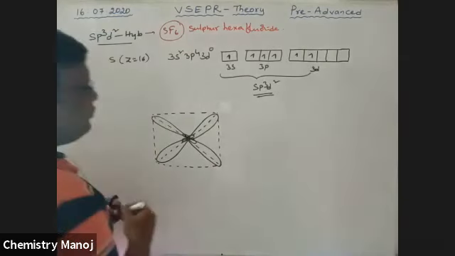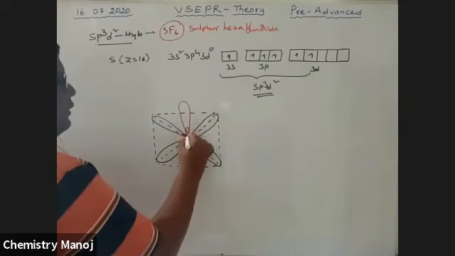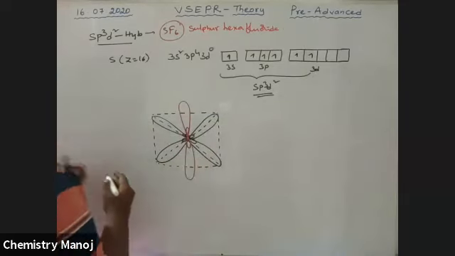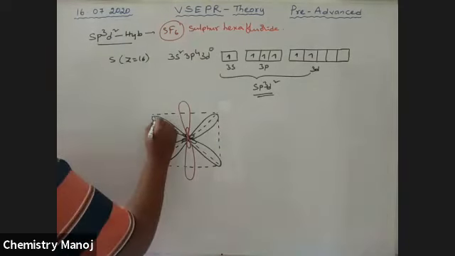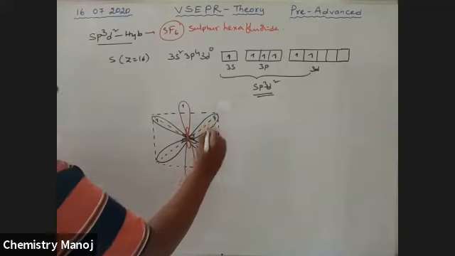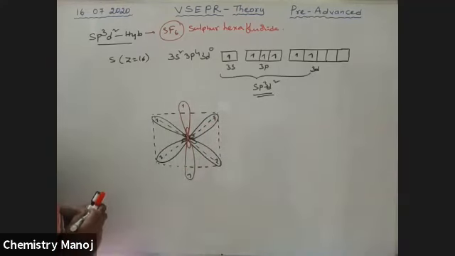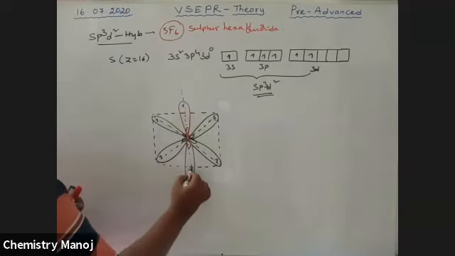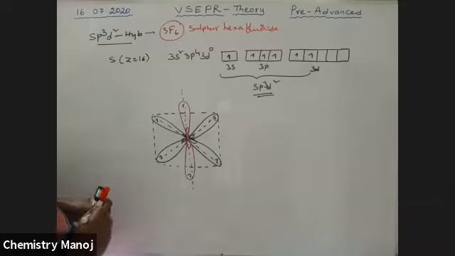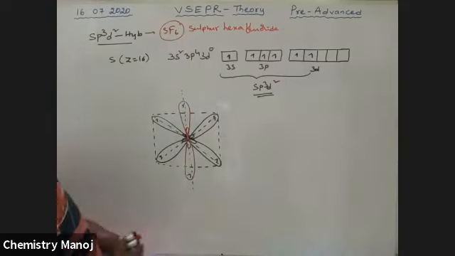These two are axial orbitals. Everyone has one unpaired electron in it. All these orbitals are involved in overlapping with the p orbitals of the 6 fluorines.